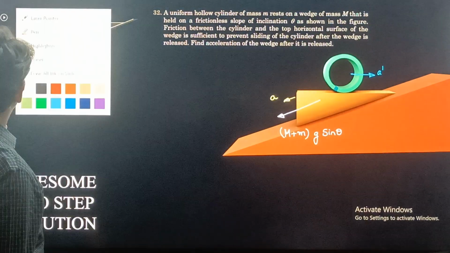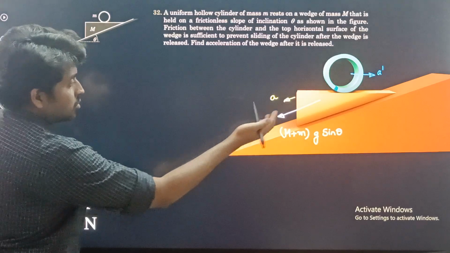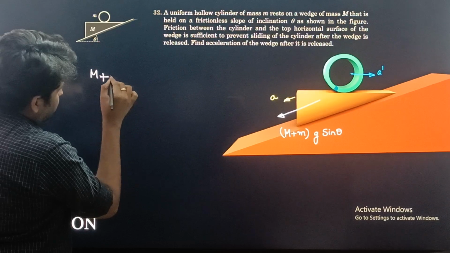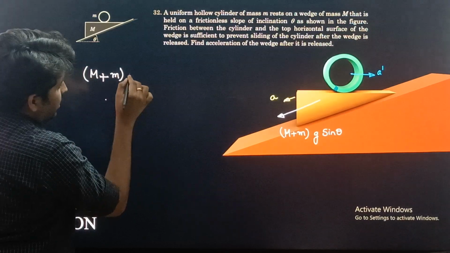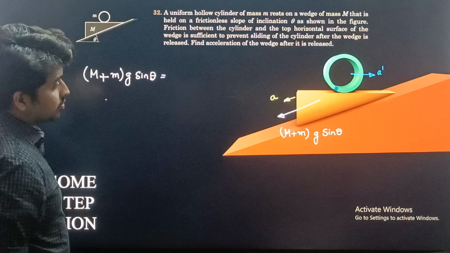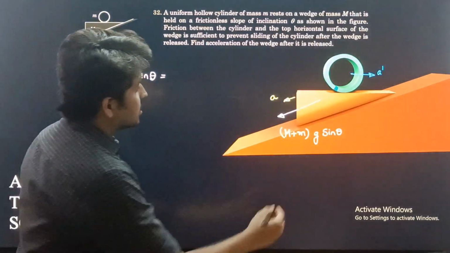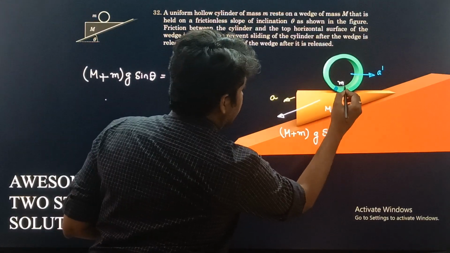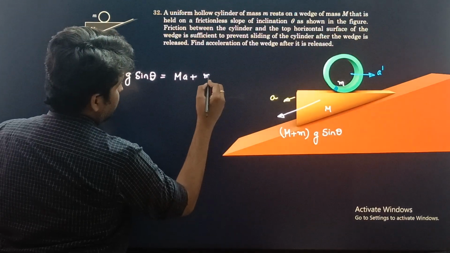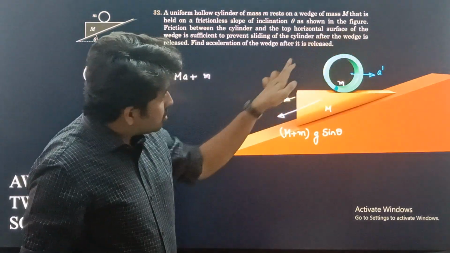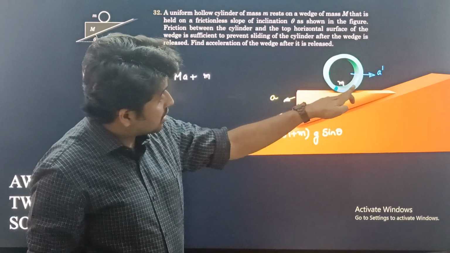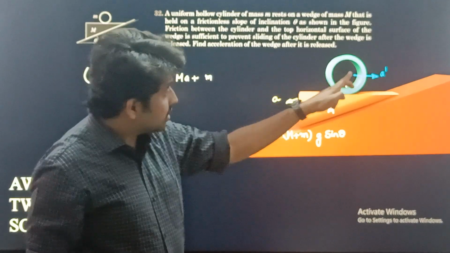So in this direction, the equation would be (M plus m) into g sin theta equal to mass of the wedge. The wedge has a mass capital M, this has a mass small m. So M into A plus m into, see, the total force in this direction equals the acceleration M into A in this direction and mass of cylinder into component of acceleration of the cylinder in this direction.